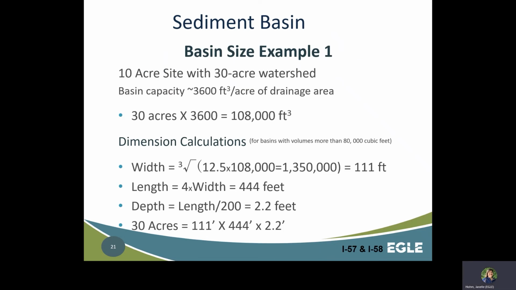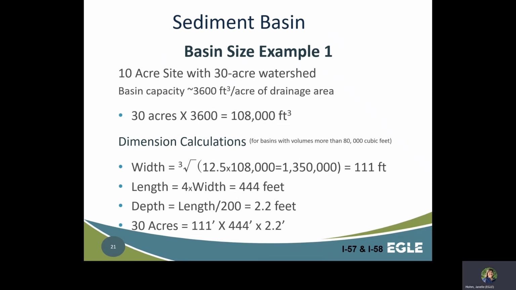The width of the basin should be equal to the cubic root of the product of the volume times 12.5. For our example, this is 111 feet. As we previously discussed, the length of the basin should be 4 times the width, or 444 feet in this case.